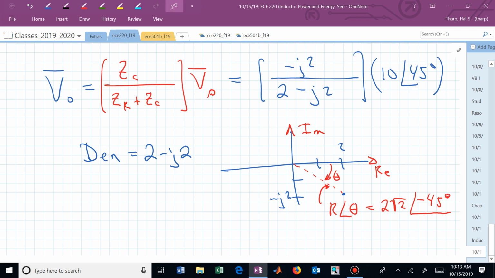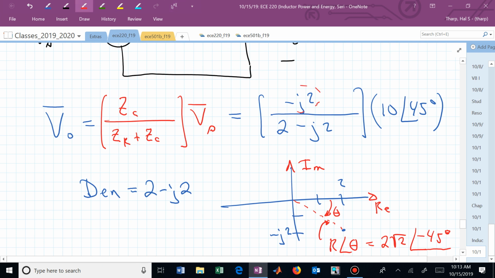What's the numerator? If we wanted to rewrite this, that in rectangular form is 0 minus J2. But since we don't have a real component, it's kind of clean to find its magnitude and angle. Where is minus J2? What's the angle of minus J2? Minus 90, and we're just 2 away from the origin.